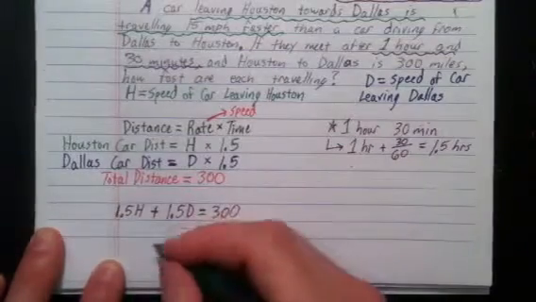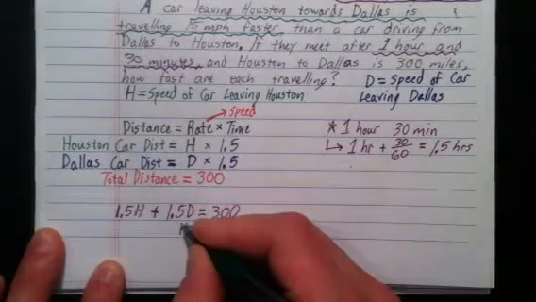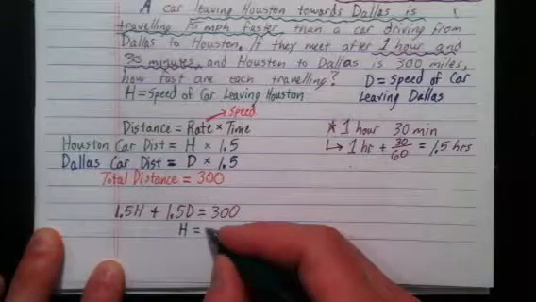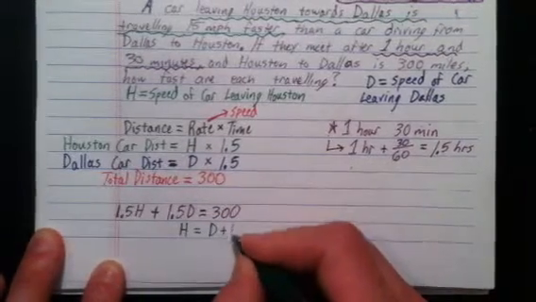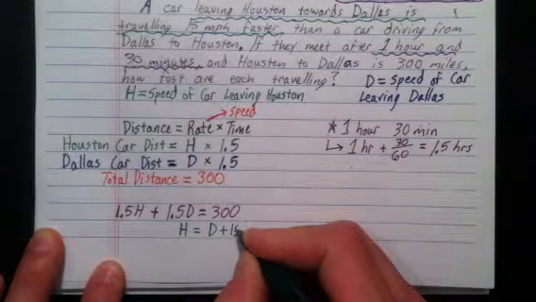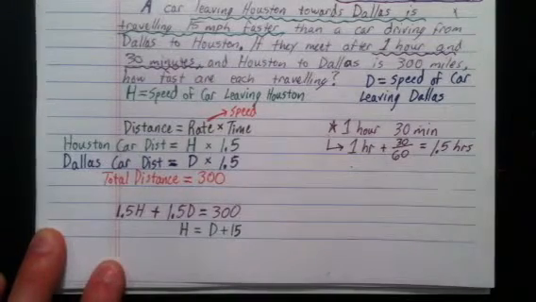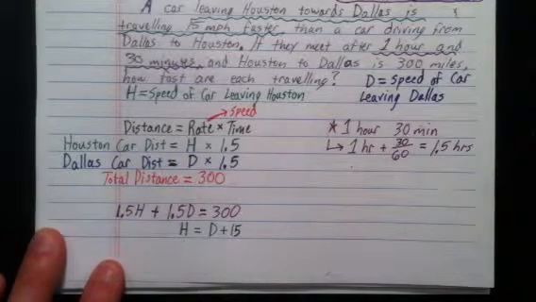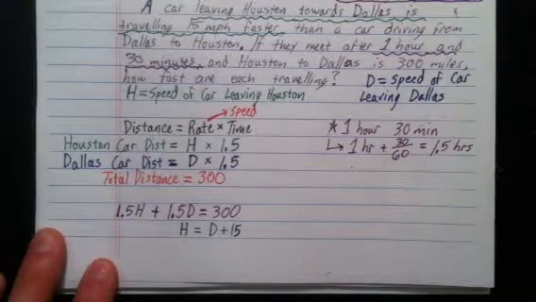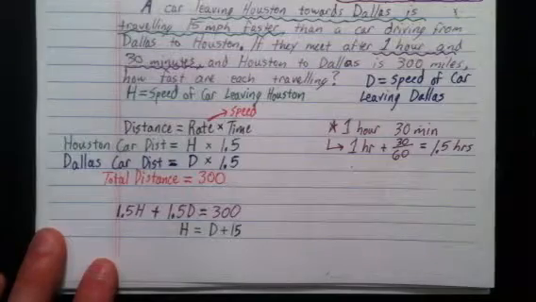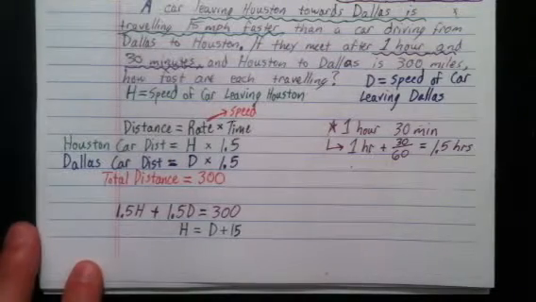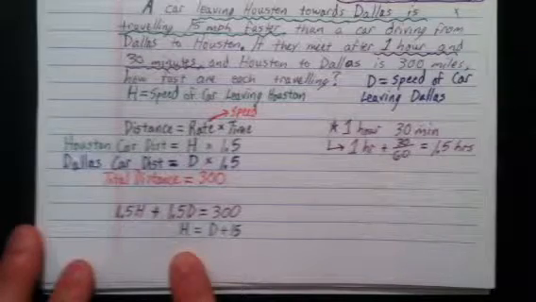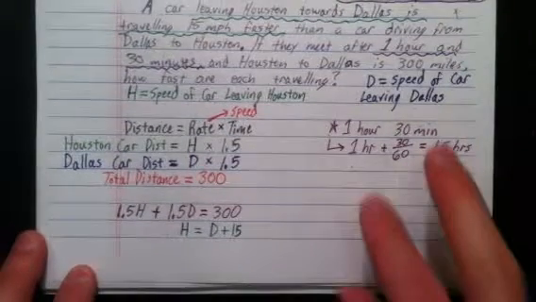So we know that the Houston car's speed, which we're using h to represent, is going to equal the Dallas car's speed plus an additional 15, since it is going 15 miles per hour faster. With how these two equations are set up, we already have one of the equations solved for h. That makes substitution a good method to use.